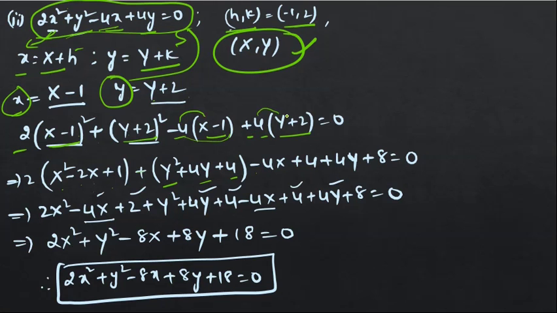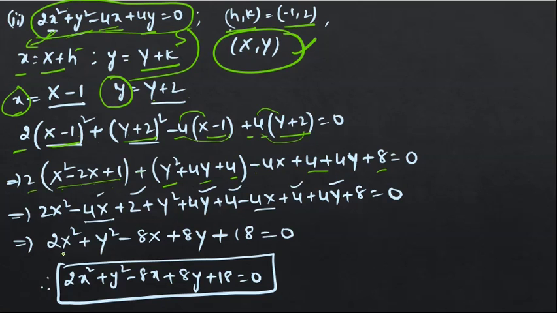Here also 4 into Y is 4Y, plus 4 into 2 is 8. Now we should multiply this 2 with the complete bracket, so 2X square minus 4X plus 2. Similarly I'll open the other brackets: Y square plus 4Y plus 4, then minus 4X plus 4 plus 4Y plus 8.